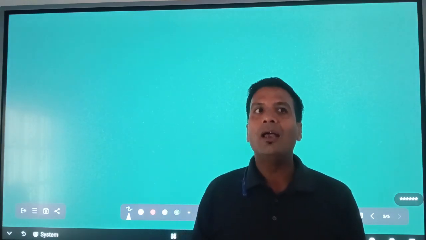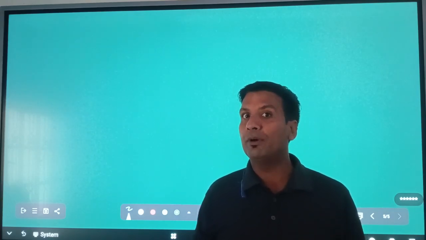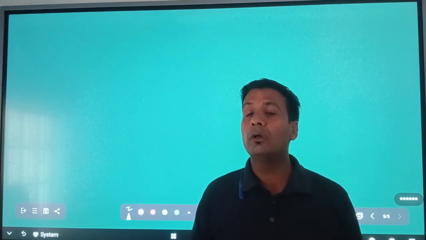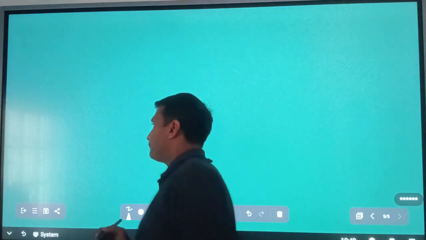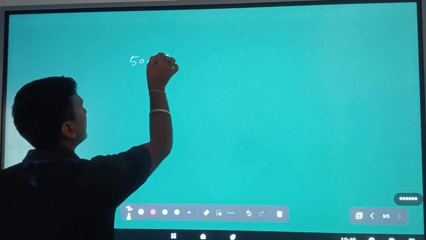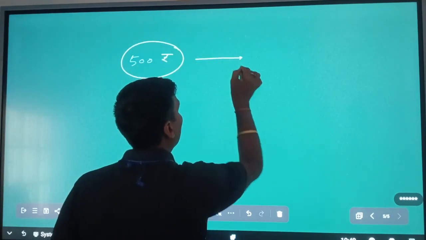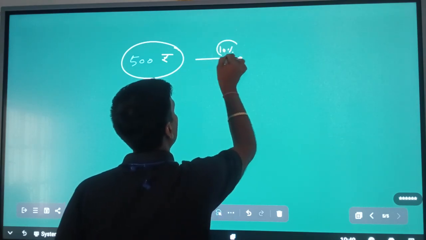Suppose I want to take a profit of 10%, but I bought that article at rupees 500, and now I am willing to sell it at 10% profit.